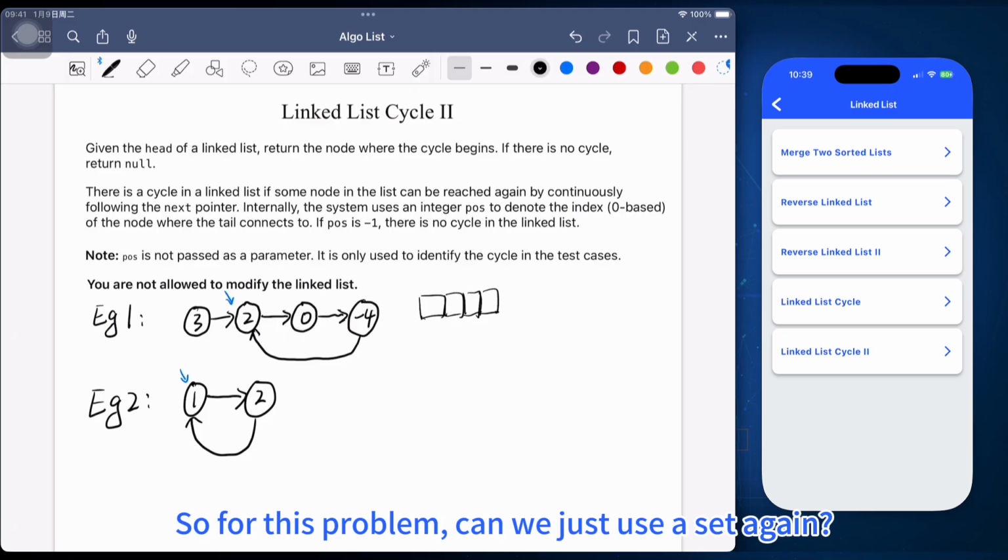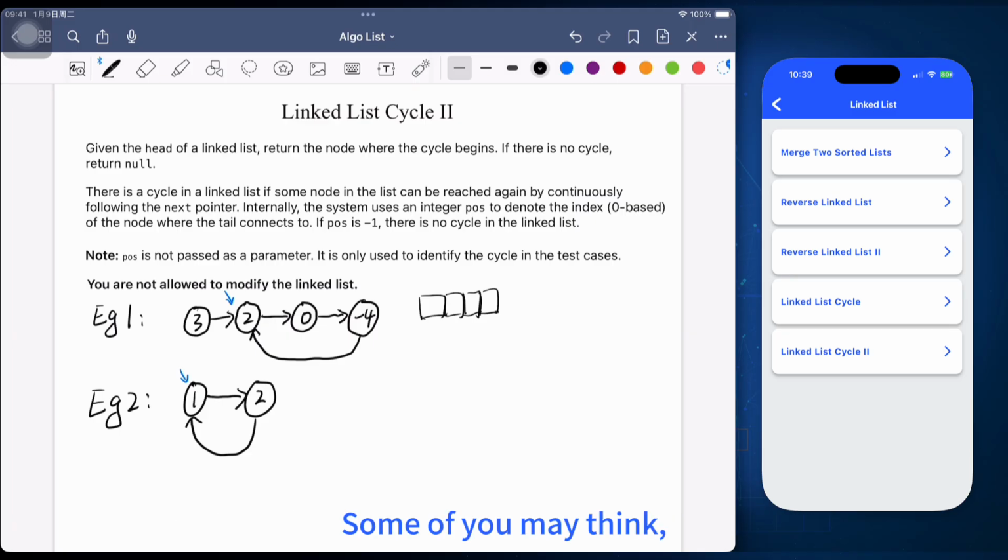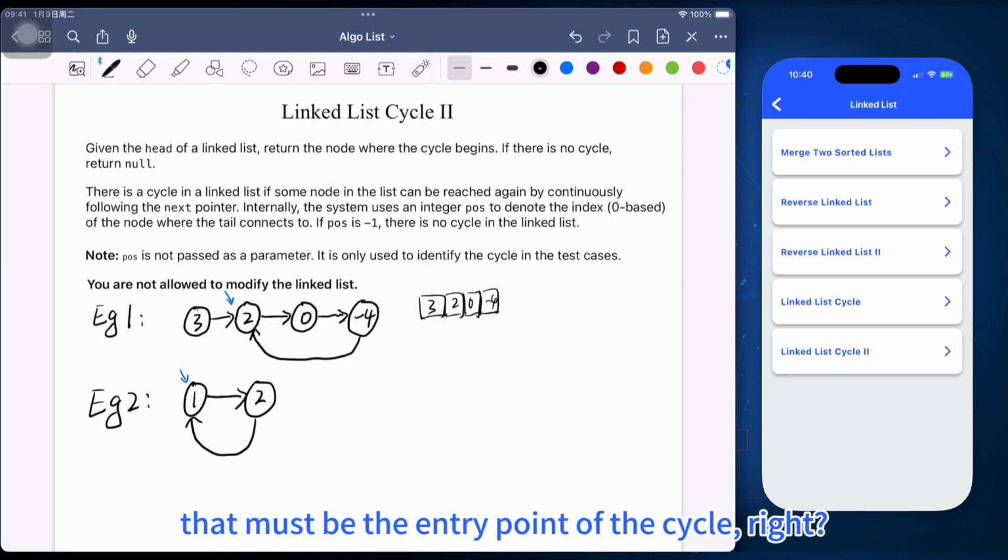So for this problem, can we just use a set again? Some of you may think, I will travel the list and store each node in the set. The first node that appears twice, that must be the entry point of the circle, right?